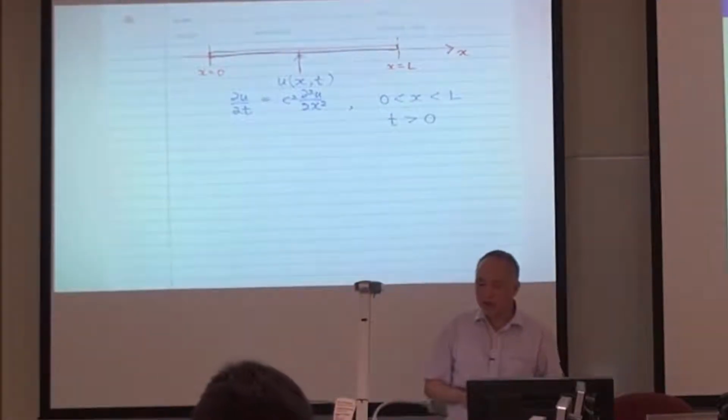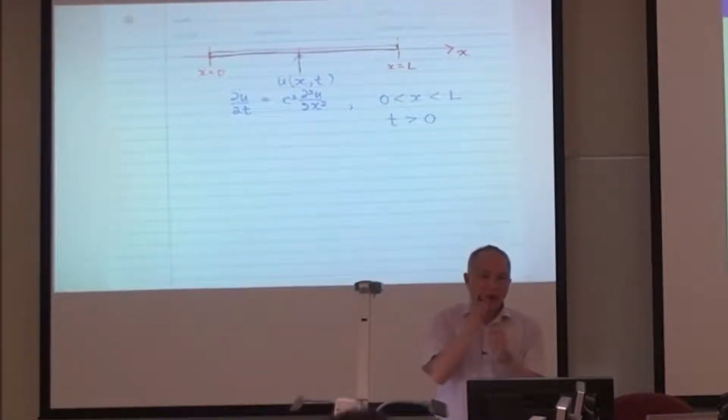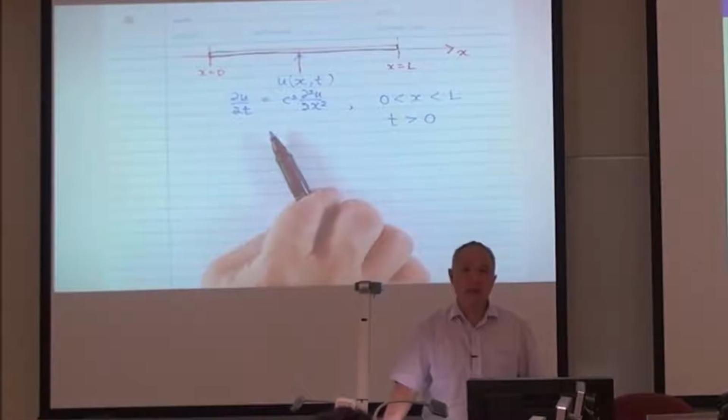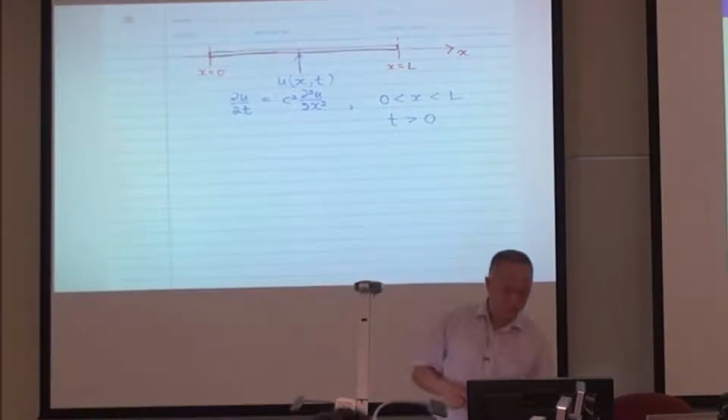Basically we are saying that the quantity of heat, or equivalently the temperature, of the bar at that point, at that time, is governed by this particular equation, for x between 0 and L and t bigger than 0.